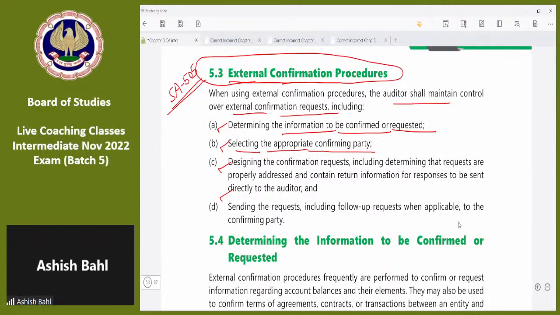Say if I am sending confirmation of some information contained in some agreement, then I must address the confirmation to the person knowledgeable of that. Only then I will be able to get the response from the confirming party.